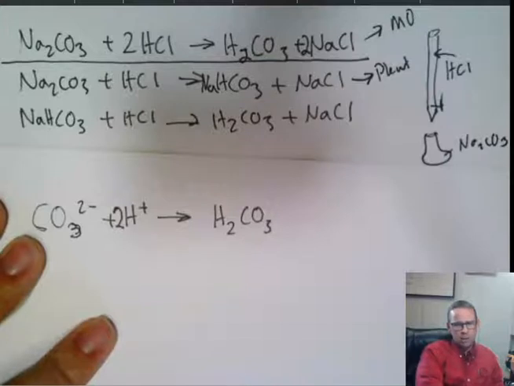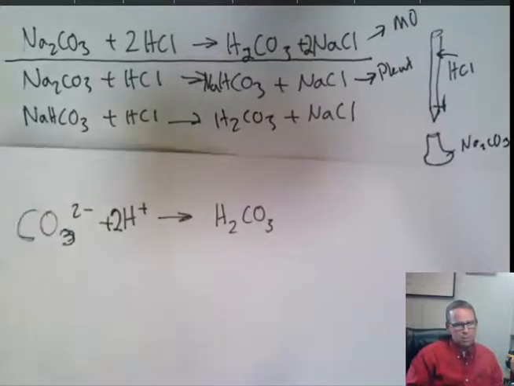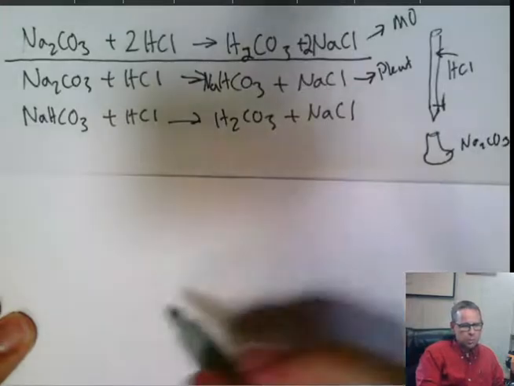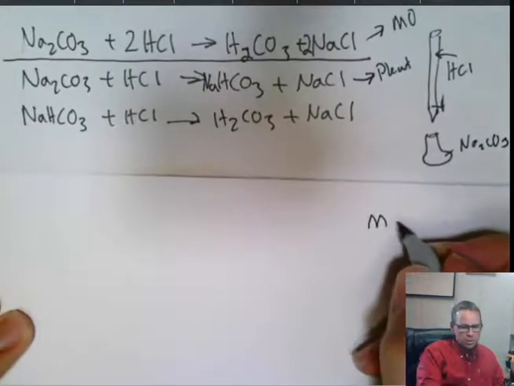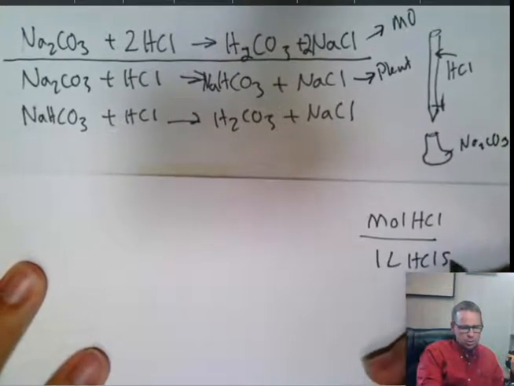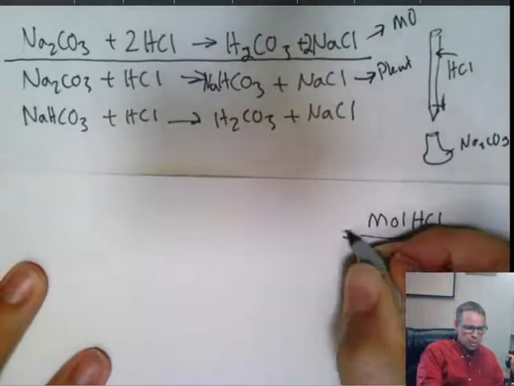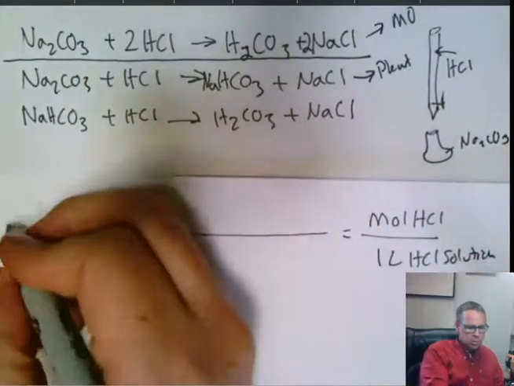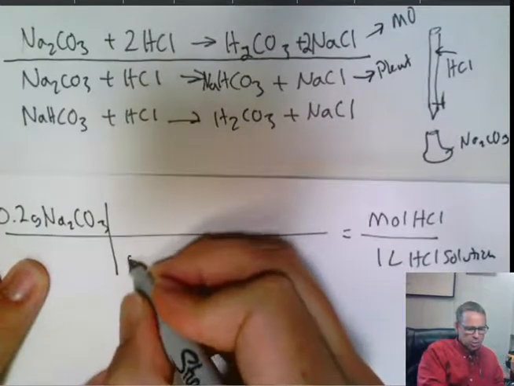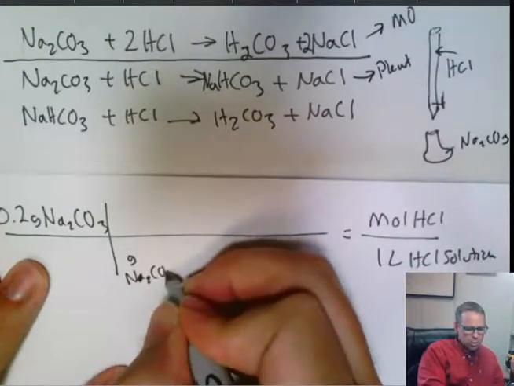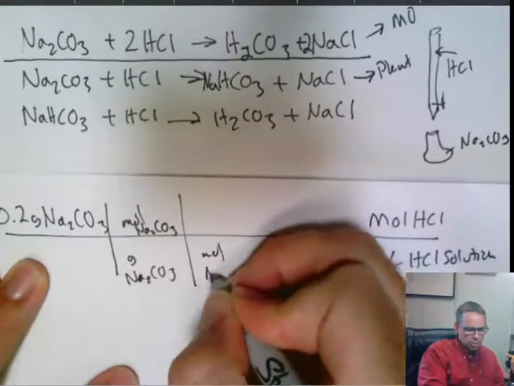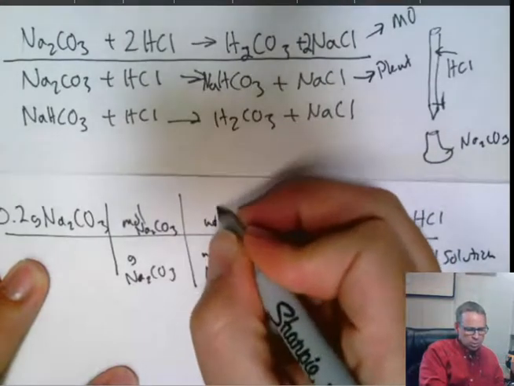And so that's why in parts A and B, when we perform the calculations to determine the molarity of the HCl solution, we start off with 0.2 grams of Na2CO3, and we go from grams of Na2CO3 to moles of Na2CO3, and from moles of Na2CO3 to moles of HCl.